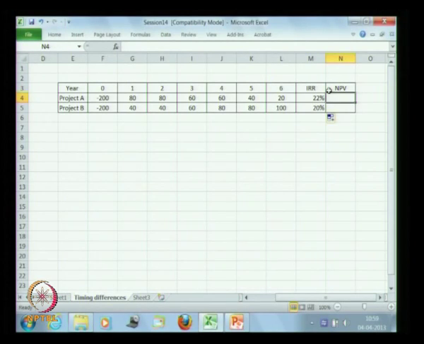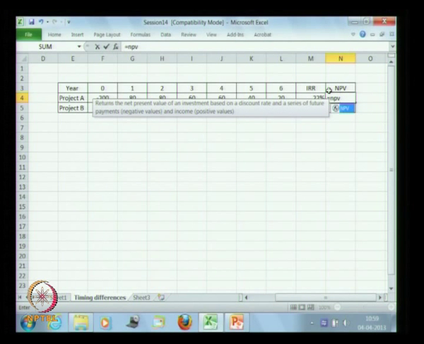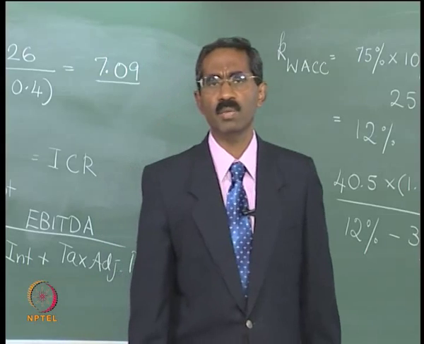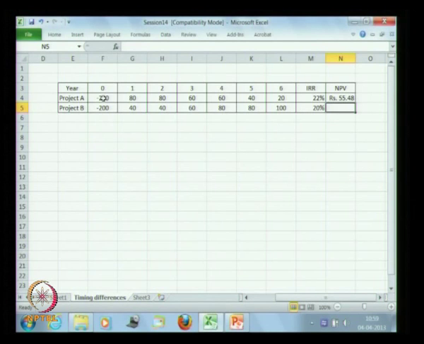If you look at net present value, we assume a discount rate of 10% and we calculate the net present value of the project. The net present value for project A is 55.48, and for project B, it is 68.42. So, what do we do?